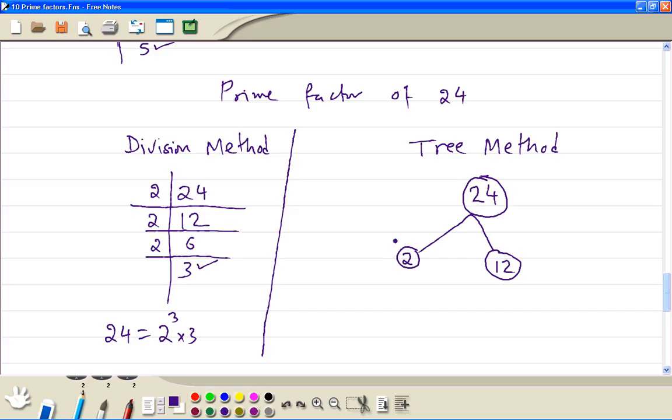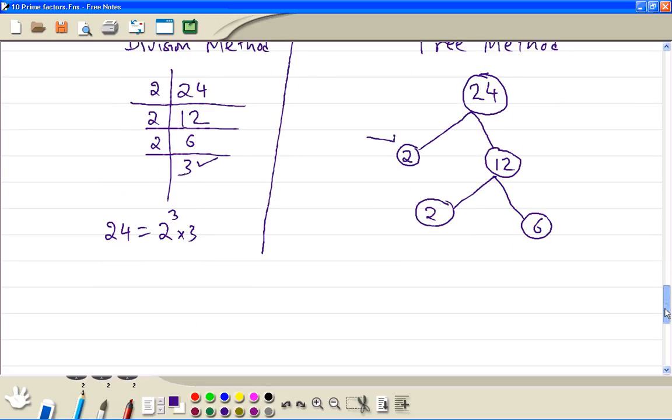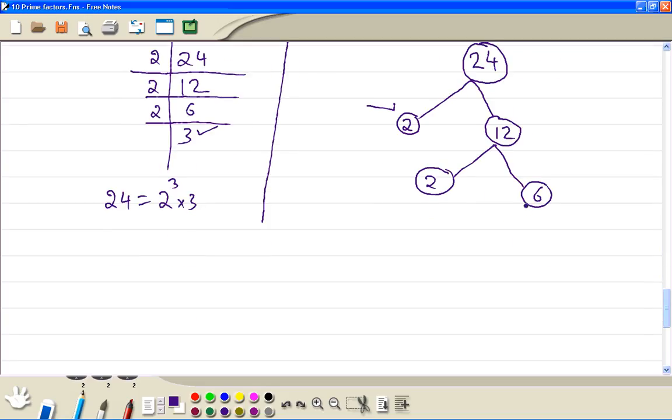Because this is a prime number, we stop. But we split the 12 into two factors. 2 times 6. Then we split 6 into 2 times 3. Now this is a prime number, prime number, prime number, and we stop.